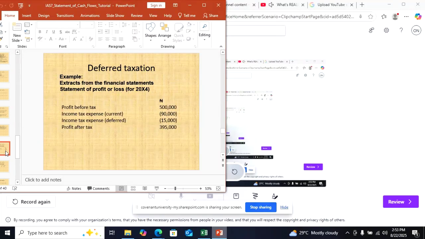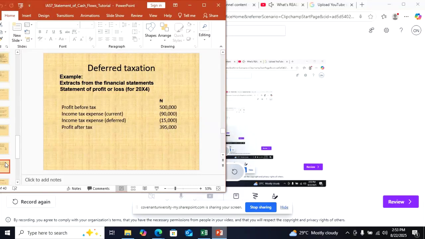Let's now look at an example. We have the extract from the financial statement, that is the statement of profit or loss for 20x4. We have profit before tax 500, income tax expense current 90,000, income tax expense deferred 15,000, and we have profit after tax of 395,000 naira.